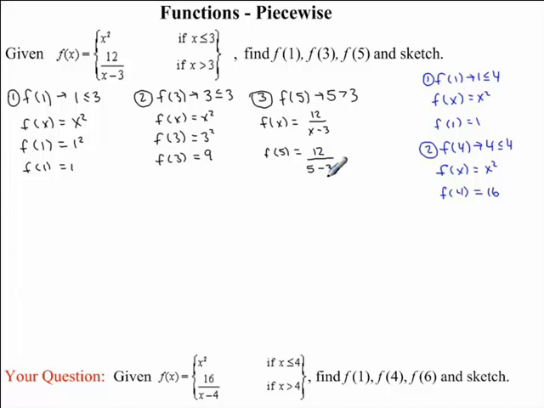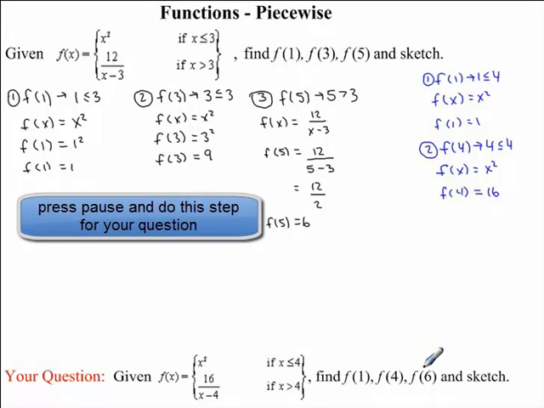We're going to simplify our denominator to get 12 over 5 minus 3, which will give us 2. So our final answer will be f of 5 is equal to 12 divided by 2, which is 6.